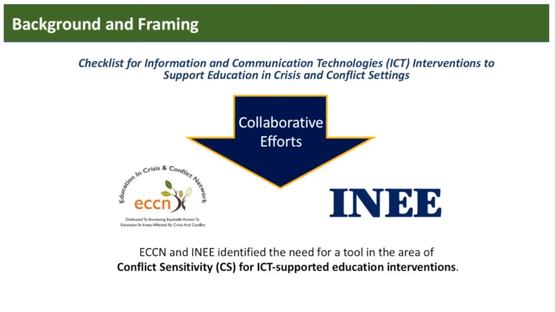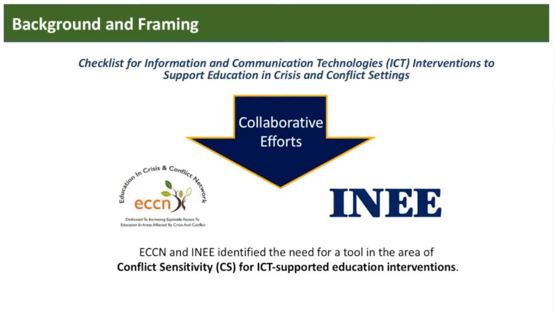Now, the checklist for information and communication technologies interventions to support education in crisis and conflict settings is actually the result of a collaborative effort that took place over more than a year between ECCN, which is the Education Crisis and Conflict Network, and the Interagency Network for Education in Emergencies.